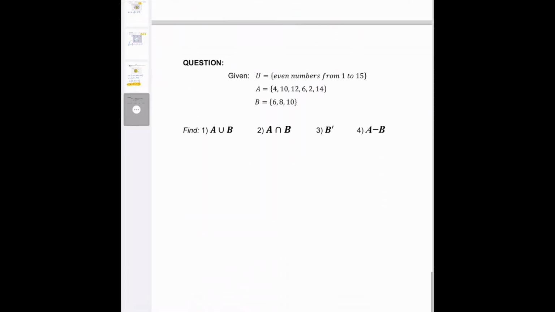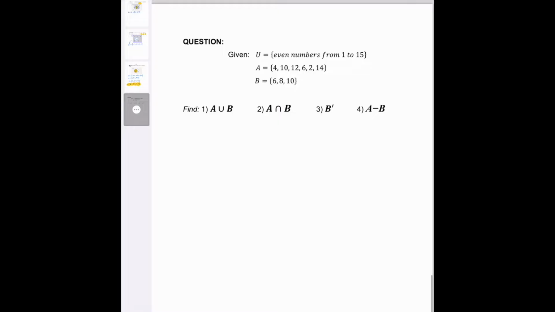Look at this question. The universal set has even numbers from 1 to 15, and then set A is also given. You have 4, 10, 12, 6, 2, and 14, and set B is 6, 8, and 10. Find the following.